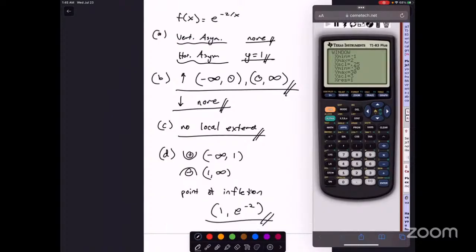Y minimum, let's go negative 2 to 2 in steps of 0.2.